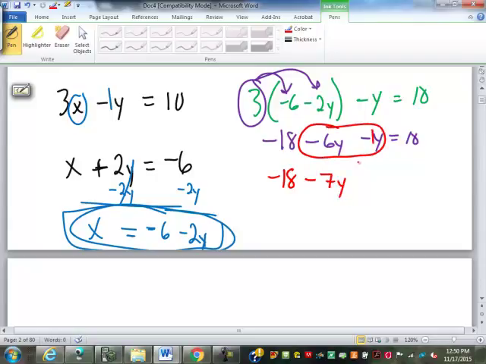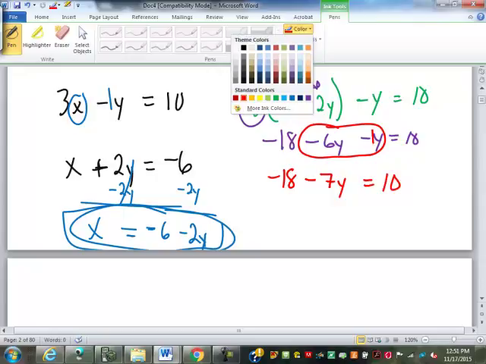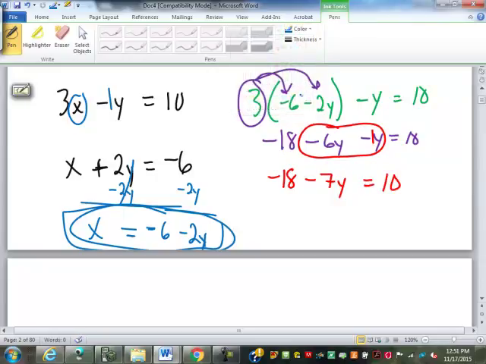Remember, that's a negative 1. So negative 6 and negative 1 make negative 7. So negative 18 minus 7y equals 10. Now what? Add 18. So negative 7y equals 28.